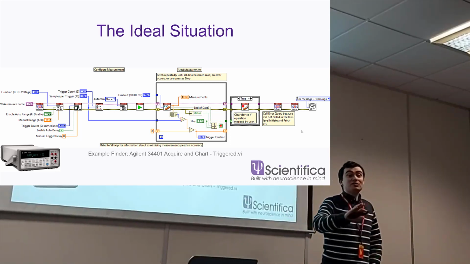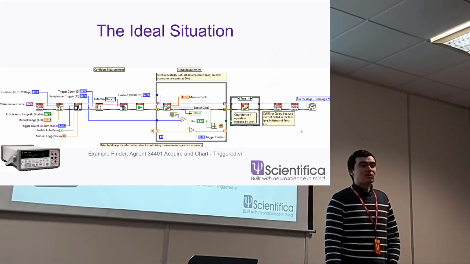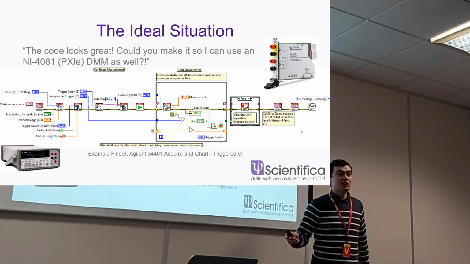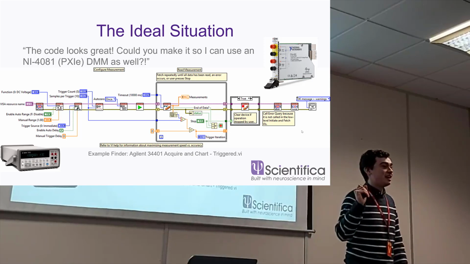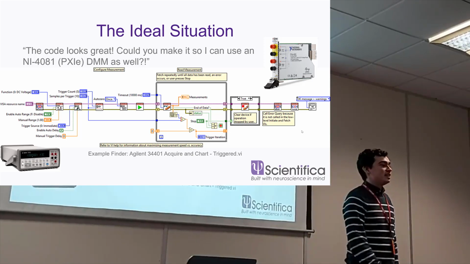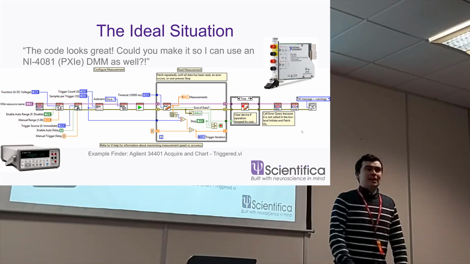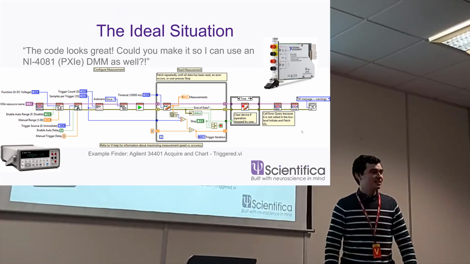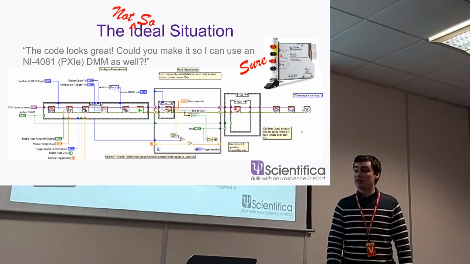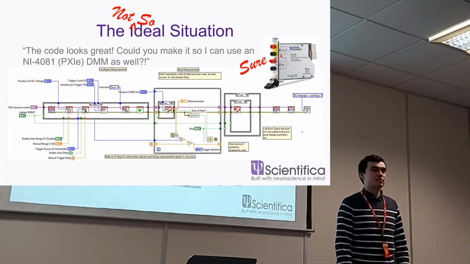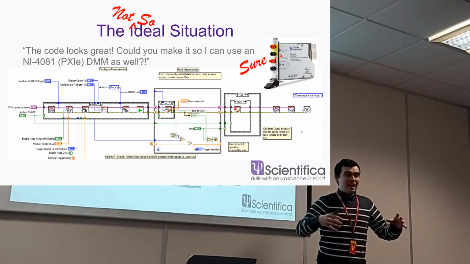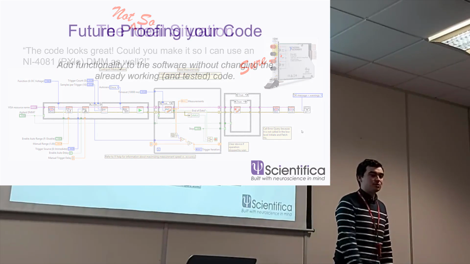But your customer now says, oh, hang on, we've just got a load of extra funding, so we've put in a PXI chassis, could you make it work for a 4080 DMM as well? And you're looking at this code thinking, I'll do it because you're paying me, but it's not going to look pretty. And you end up with these case structures, and it's not very scalable at all.